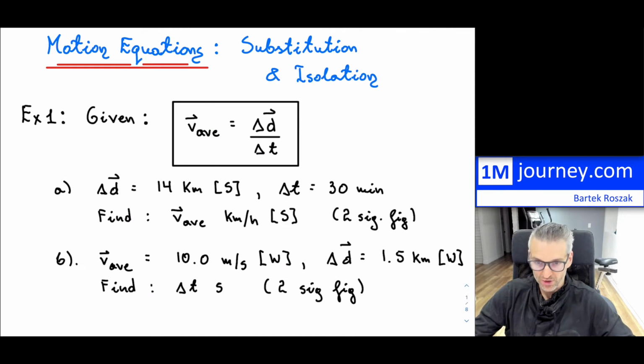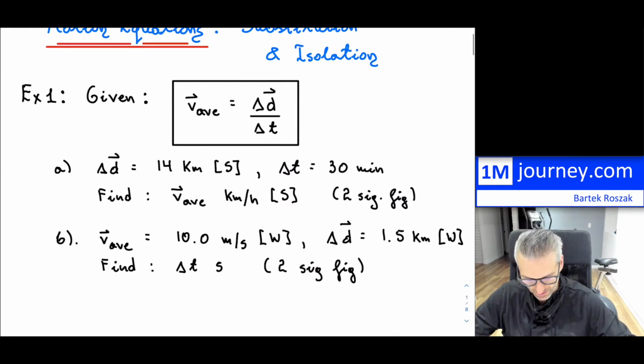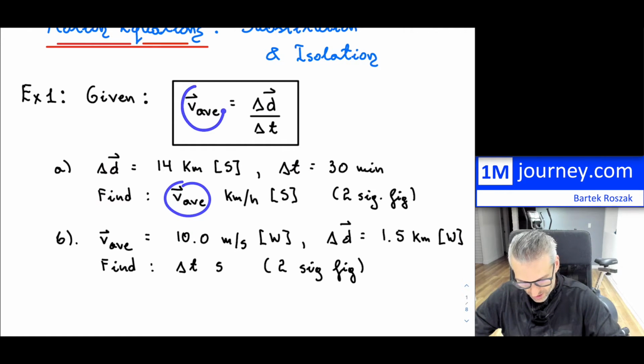So let's see what could possibly be given and what you would have to do. This is part A. It states that we have a displacement of 14 kilometers south, and a change in time of 30 minutes. Now we want to find the actual average velocity.